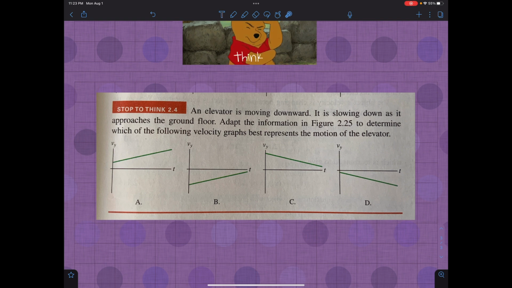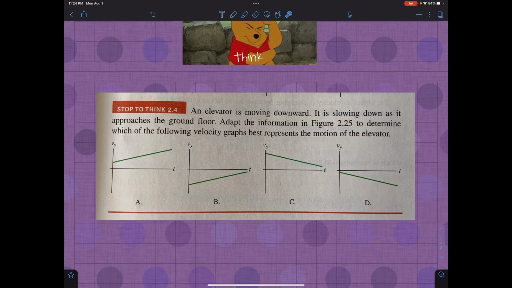It is slowing down. Does that mean it's getting closer to or farther away from the baseline of 0? It's slowing down as it approaches the ground floor. Here's the question. Adapt the information we just learned to determine which of the following velocity graphs, so these are all velocity time graphs, best represents the motion of the elevator.